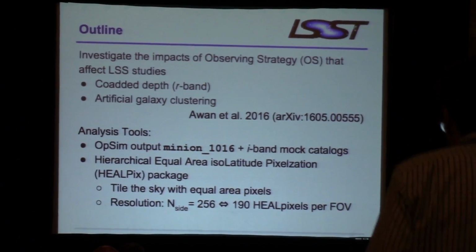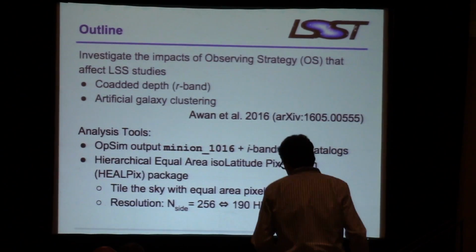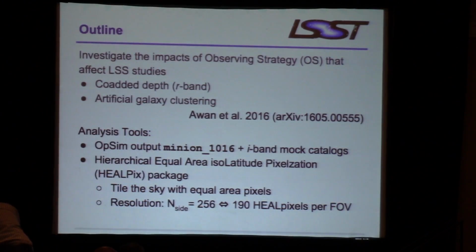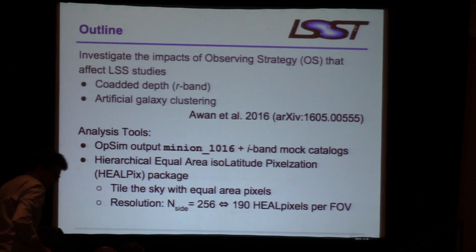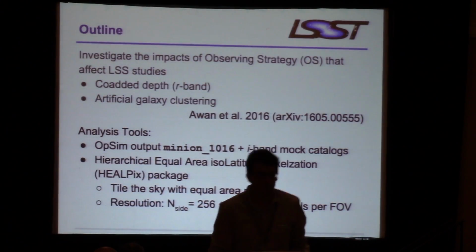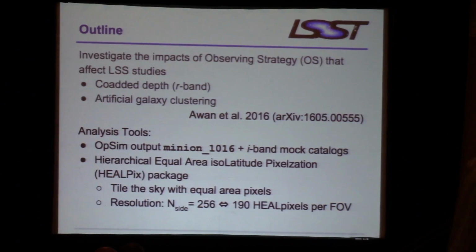We all know that the LSST field of view is circular, and the baseline cadence strategy tiles the sky with hexagons. So if we have fixed telescope pointings, there are overlapping regions between the hexagons that are observed a lot more than the non-overlapping regions. This leads to a very strong non-uniformity in the co-added depth, and this is something that we know about.